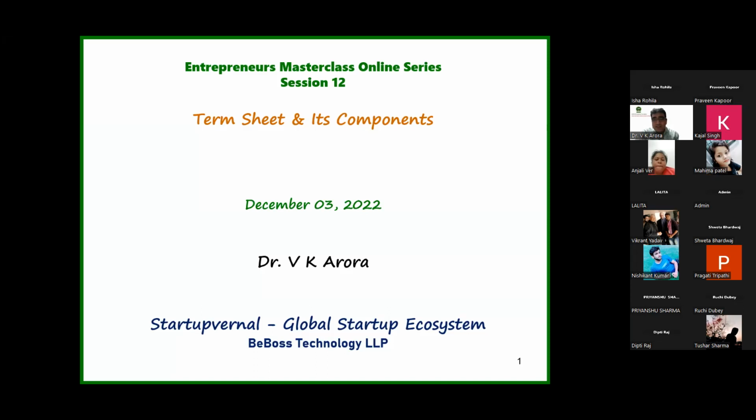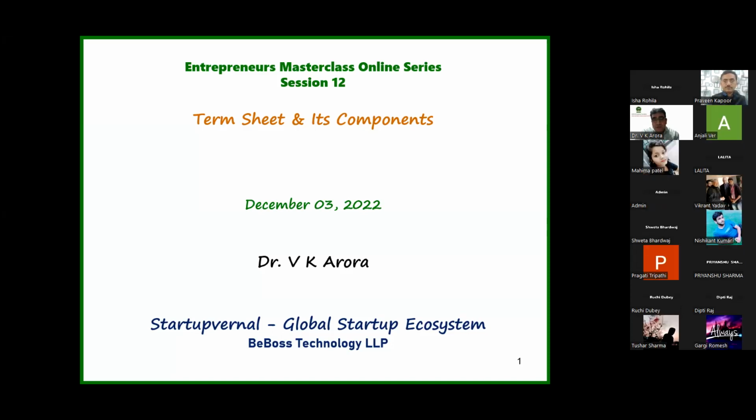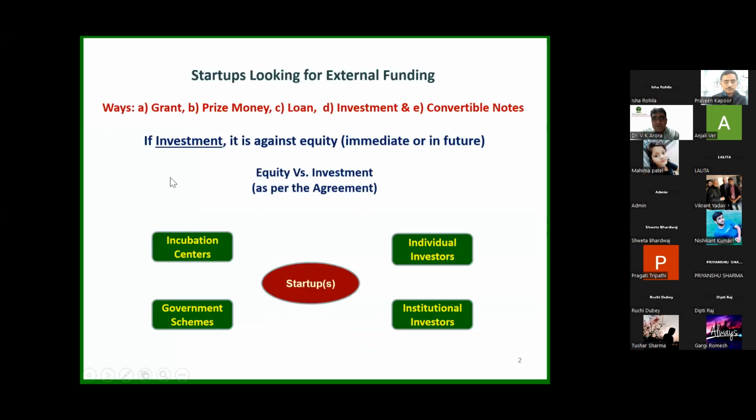So, term sheet is signed when, and what is the purpose of signing these term sheet? First of all, you take it like this, that startups are having number of options when they are thinking to get some fund for their own startup company, and in which two components are very important. First is in the form of loan, for which we go and we try to connect with number of banks.